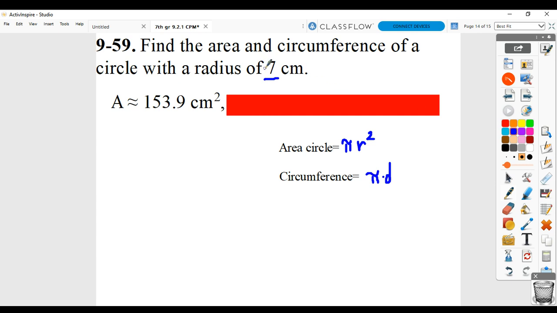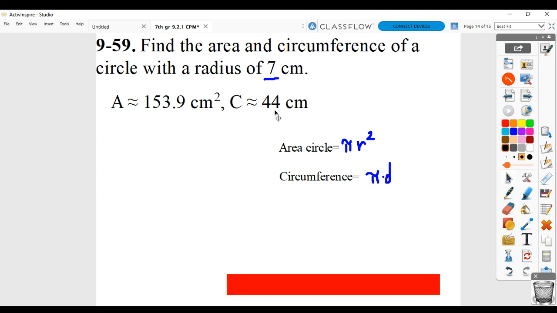So if the radius is 7, that means the diameter is 2 times 7, or 14. 14 times pi would be approximately 44 centimeters. So again, if you wanted it exact, you'd leave it as 14 pi. Otherwise, you're using the approximation of 3.14.